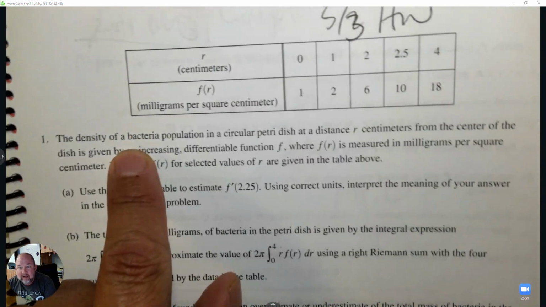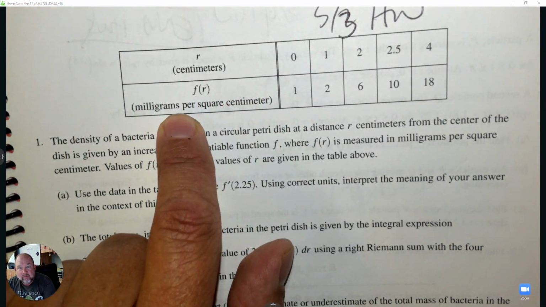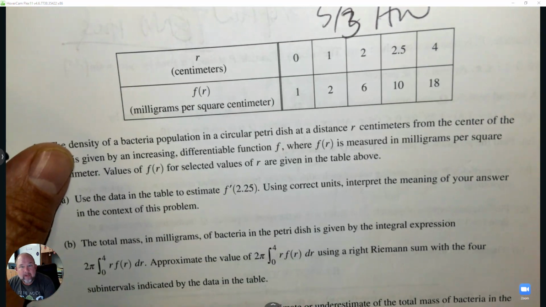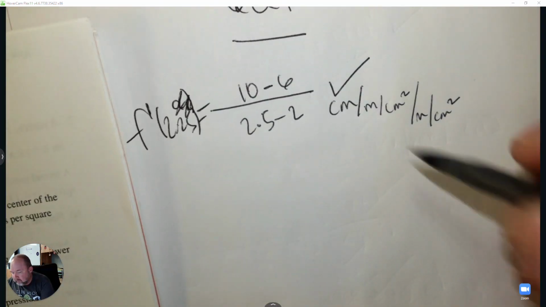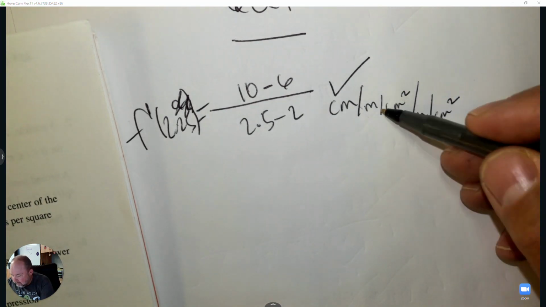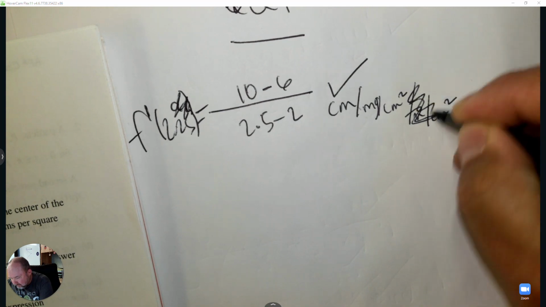So if we read the sentence, the rate is the density of bacteria population. So this is the density. So that's not a rate, that's just the density. So centimeters per milligrams, that should be mg per centimeter squared. That would be the unit.